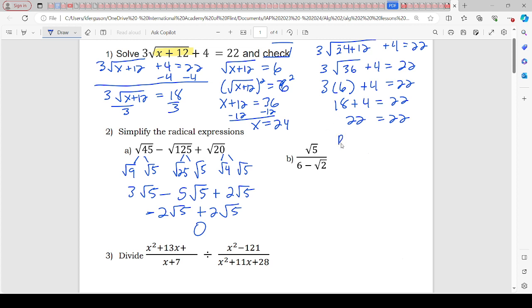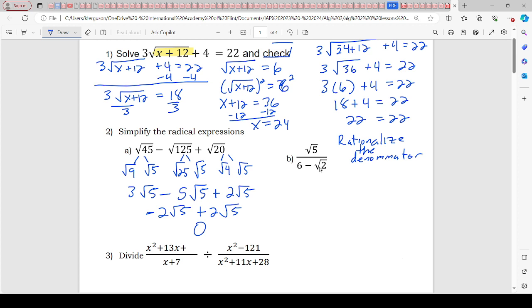It's called rationalizing the denominator. So what that means is I need to take the conjugate of the denominator and multiply it top and bottom. The conjugate is just whatever I see there, changing the sign.